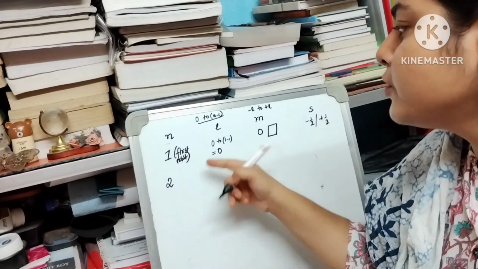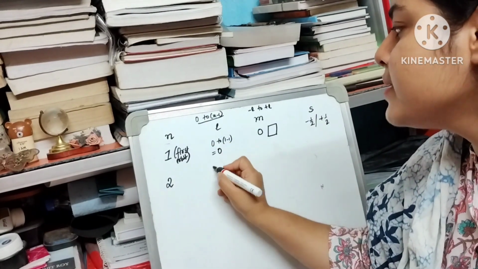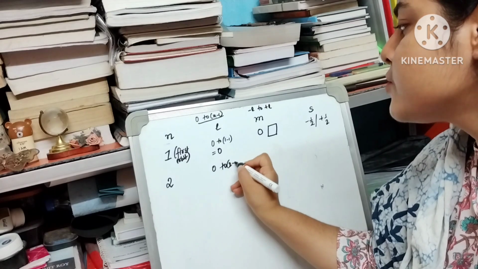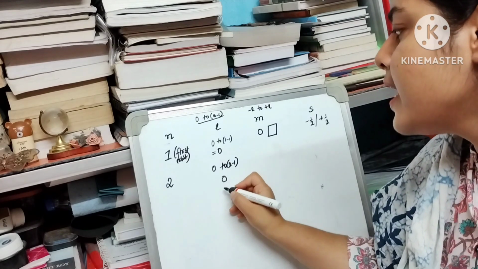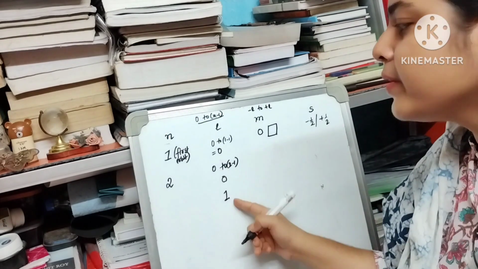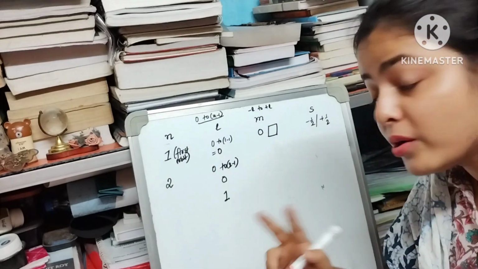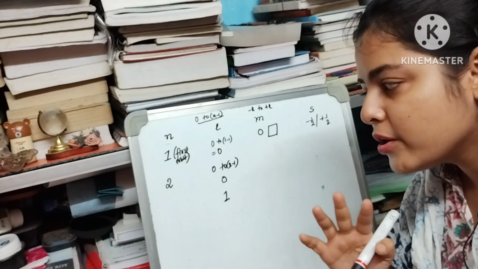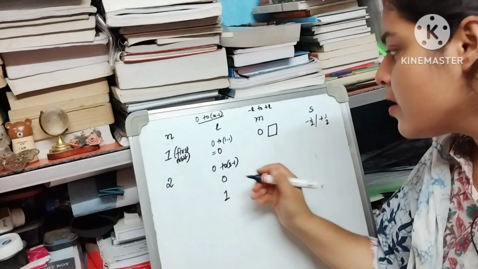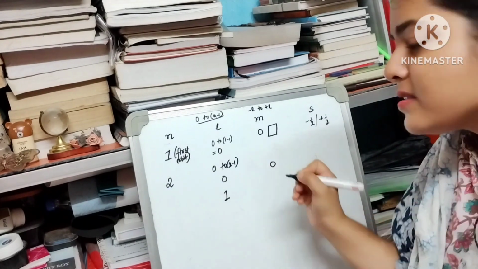n is equal to 2. For n equal to 2, L will be 0 to 2 minus 1, so 0 and 1. We are getting 2 values, that means 2 types of room will be there, not 2 rooms, 2 types of room. For L equal to 0, we get m as 0.